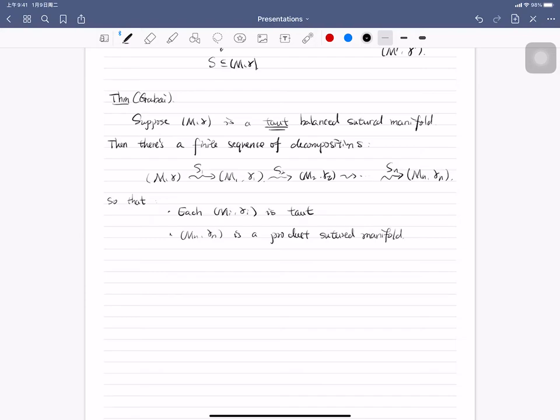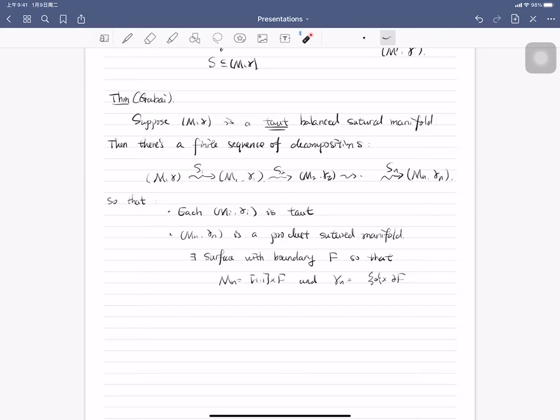This means there exists a surface with boundary F, so that Mn is just [-1, 1] cross F, and the suture gamma n is just 0 cross the boundary of F. Okay, so this is a product suture manifold.